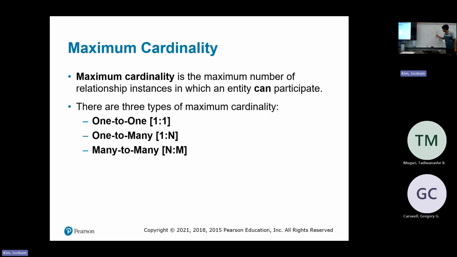About the inner symbol here and here, there is the modality, the minimum number of occurrences between entities.